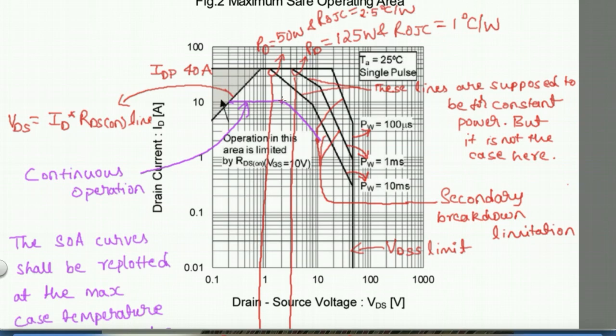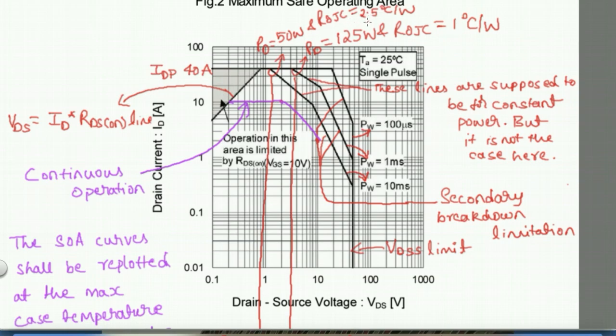So we will have a horizontal line till here, and then from here onwards it tapers off. With increase in drain source voltage, the drain current decreases. The power dissipation for this line, which is at 10 millisecond, is 50 watt, and that has been obtained at R theta JC of 2.5 degrees Celsius per watt.